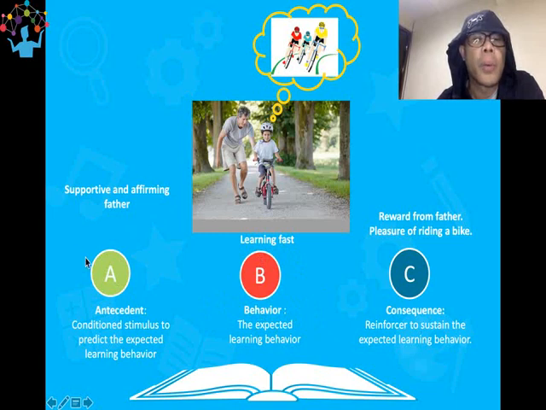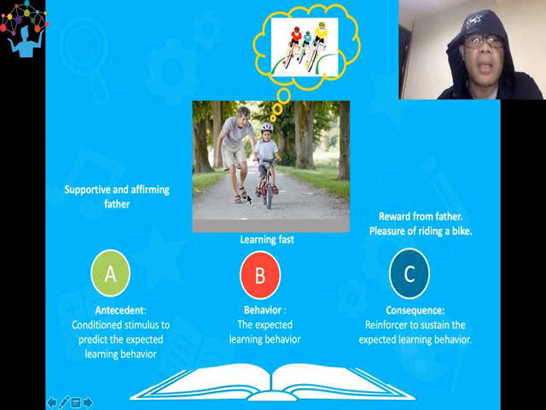What is reinforcing this is the antecedent, which is having a supportive and affirming father, when he's saying, okay, you're doing good, you're doing the right thing. And after the behavior, the father is giving a reward to his son. And the other one is that the child is finding pleasure in riding a bike.